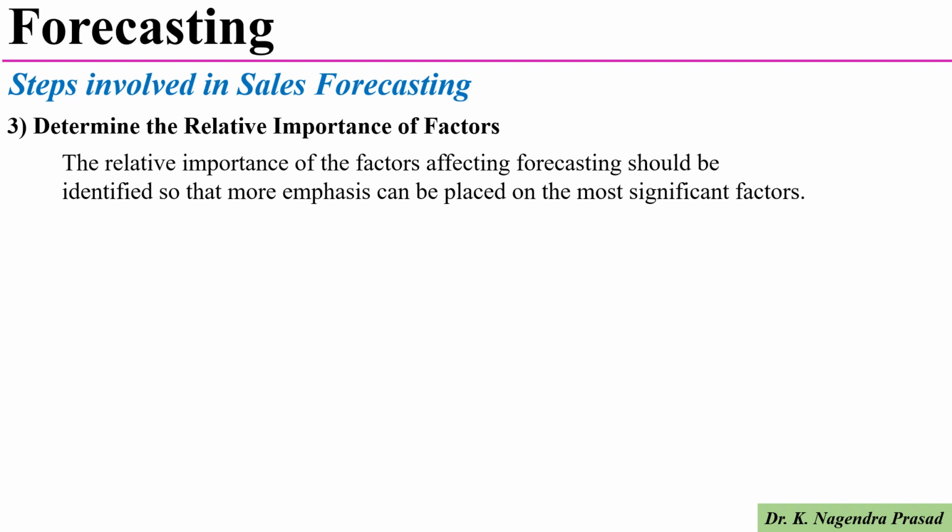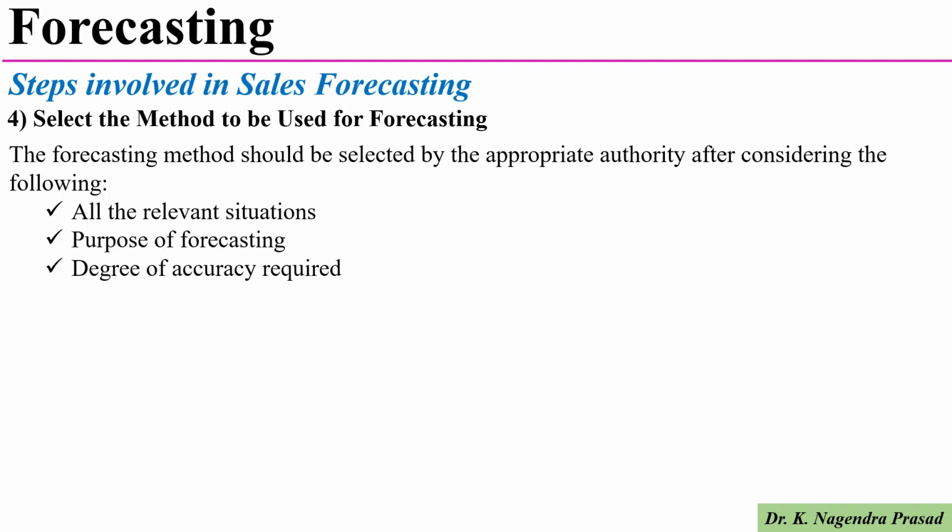Next step is to determine the relative importance of factors. The relative importance of the factors affecting the forecasting should be identified so that more emphasis can be placed on the most significant factors. The next step is to select the method to be used for forecasting. There are various types of forecasting methods.